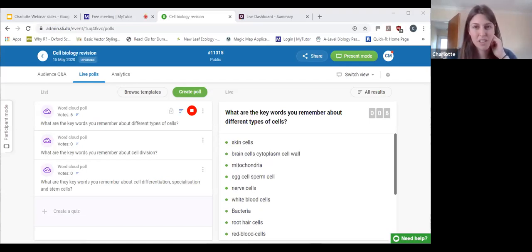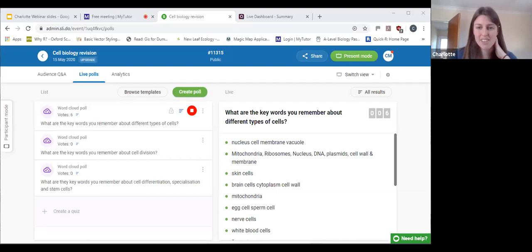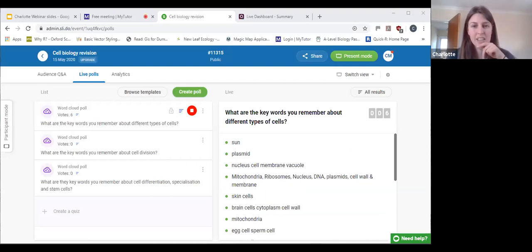Cytoplasm, brilliant. Mitochondria, yeah, well done. Talked about lots of root hair cells. Fab. Nice. Well done, everyone. That's a really good collection of keywords that we need to remember. Vacuole in there, yeah.